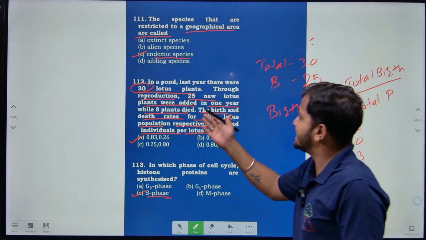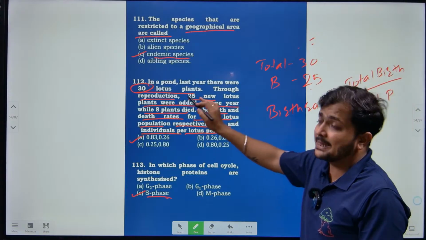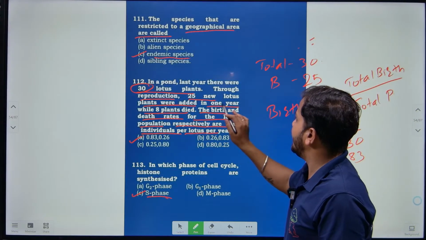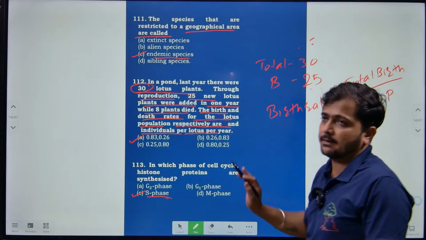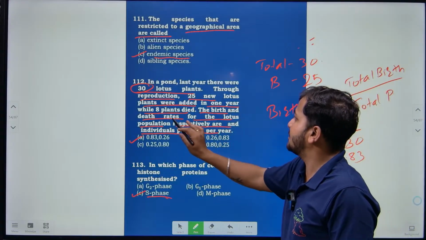In the same way, they are asking about the death rate, where they have mentioned that in 1 year 8 plants died. The birth rate and the death rate is what they are asking.